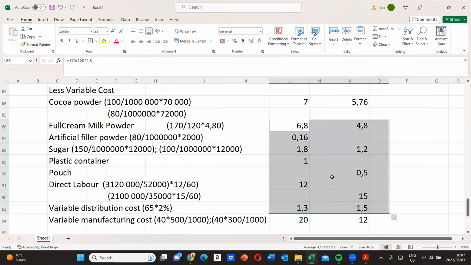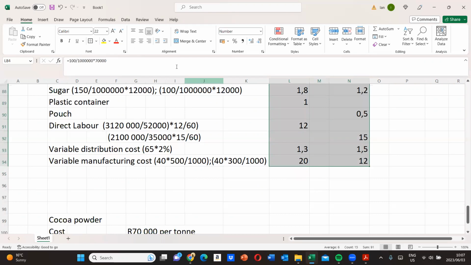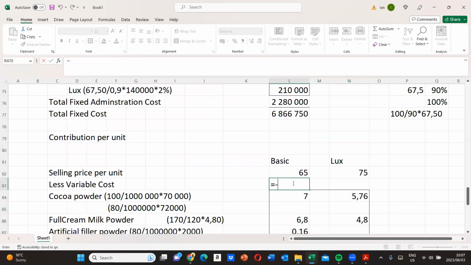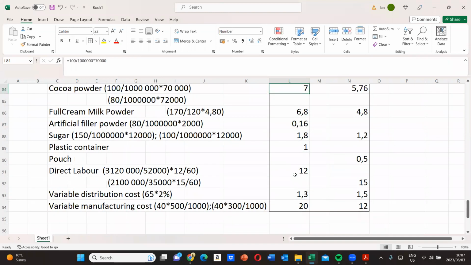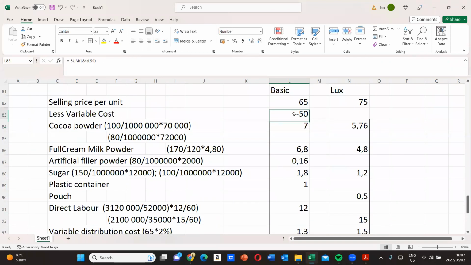I'm sorry, guys. It was just a hectic calculation. There are a lot of things in it, but this is what was expected of us. So we do that, and then we net off the balances there. Oops, I made a mistake. Oh, I included everything. Then we do the calcs there.